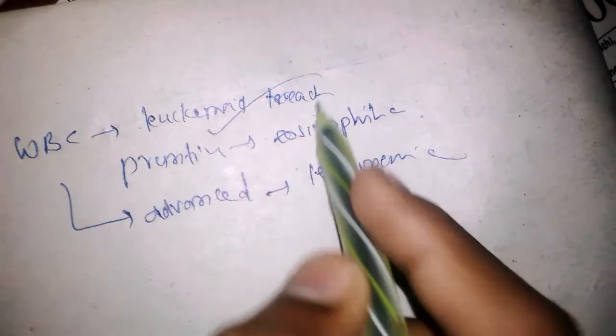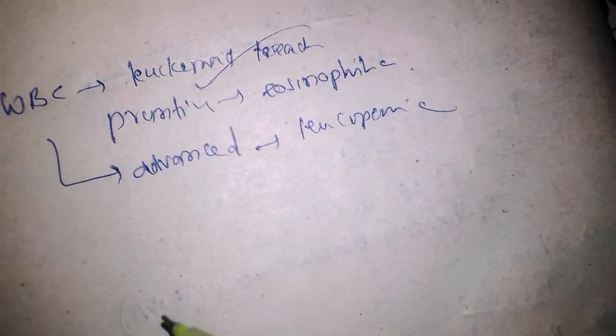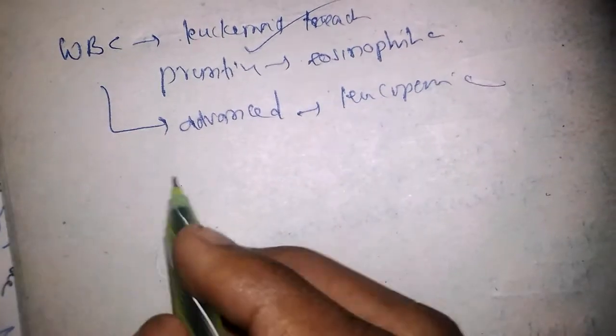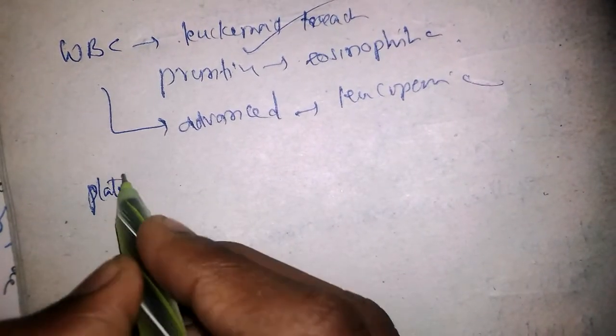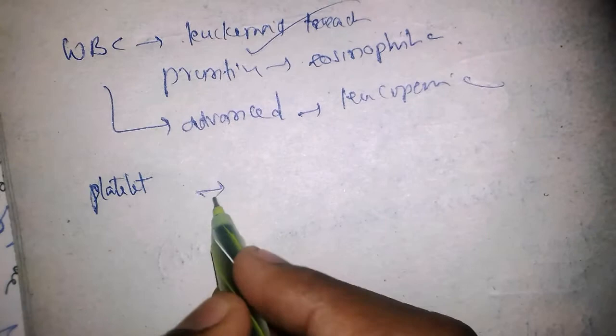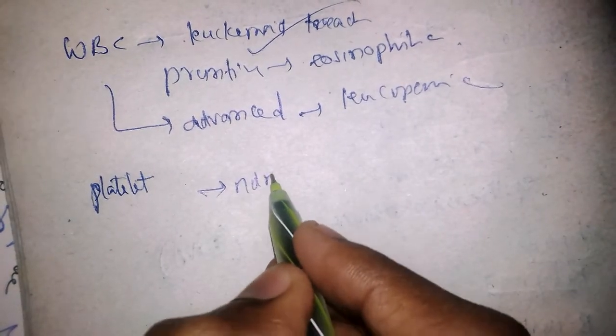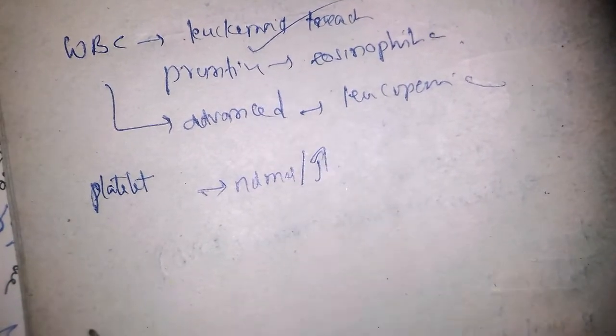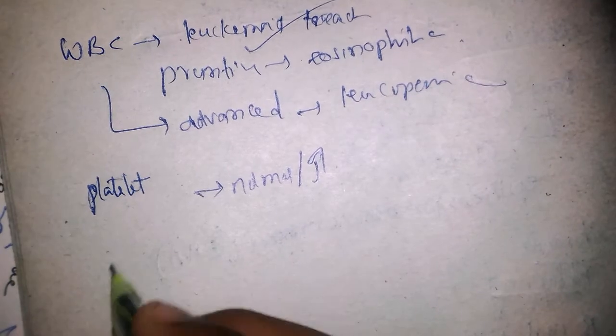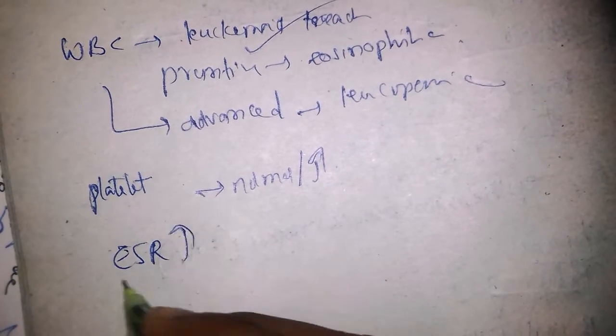But initially there will be leukemoid reaction, meaning there is increase in leukocytes, right? Then we'll move to platelet count. Platelet count is usually normal or increased. Then moving to ESR, there is increase in ESR. These are the blood findings or hematological findings.